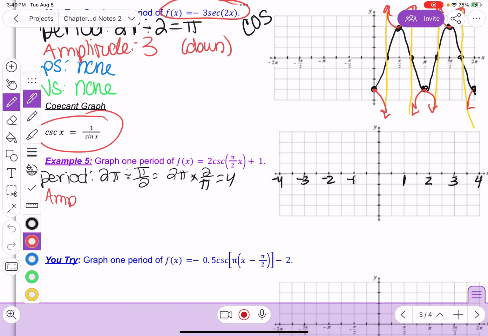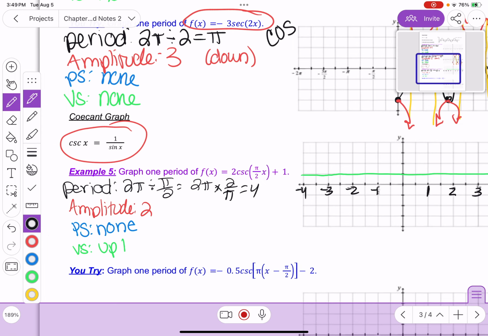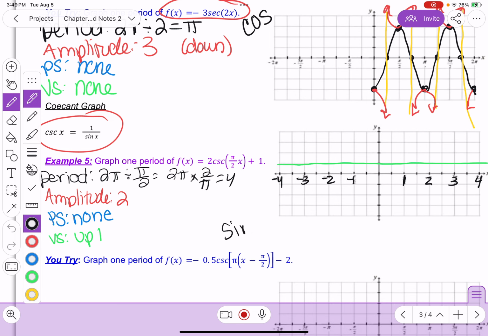Amplitude is the number in front. Phase shift is anything added or subtracted inside. Vertical shift is anything added or subtracted outside, so up 1, which means the midline's actually going to be up here. So I'm going to use that to draw the sine graph.